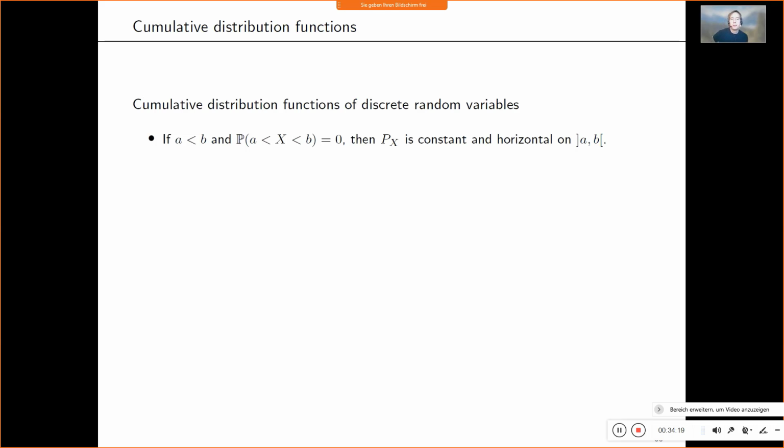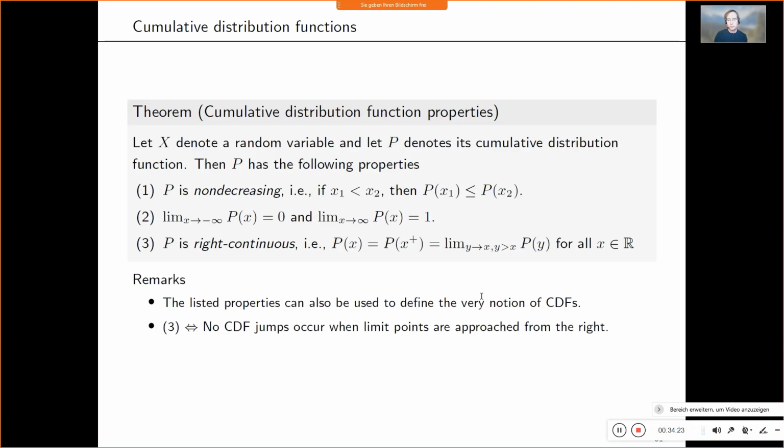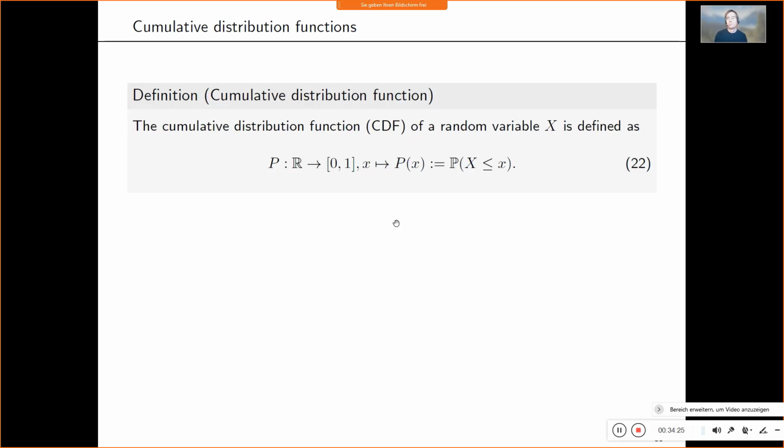Now, just to recapitulate what we have done so far and not get lost in proofs here: we've defined the CDF as a function that allocates to each real value the probability that a random variable takes on a value equal to or smaller than x.